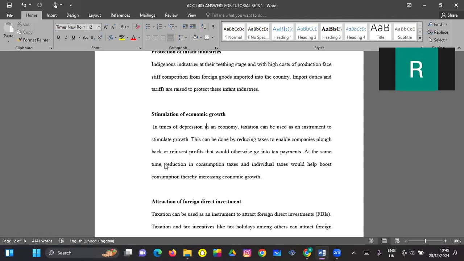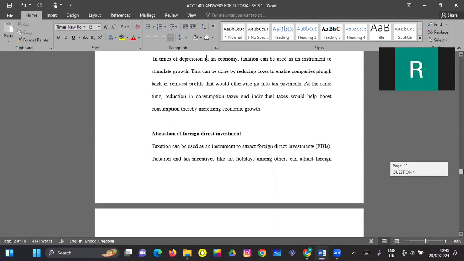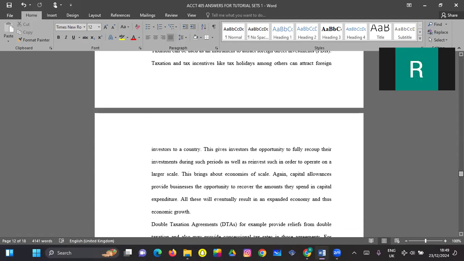This can be done by reducing taxes to enable companies plug back or reinvest profit that would otherwise go into tax payment, right? Then also attract foreign investors. So taxation can be used as an instrument to attract foreign direct investors. So taxation and tax incentives like tax holidays, among others, can attract foreign investors to invest in our economy.